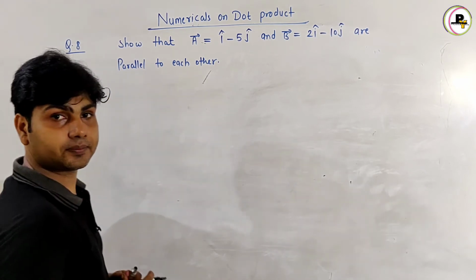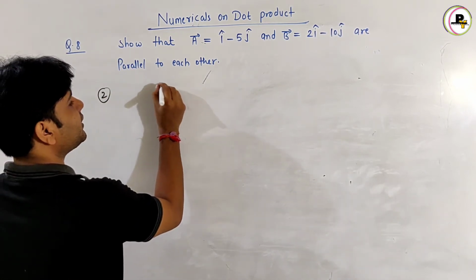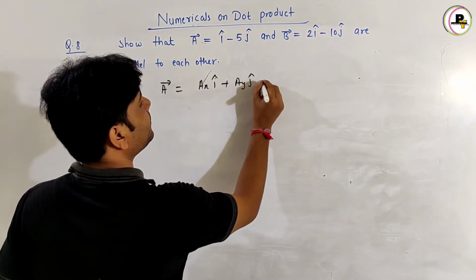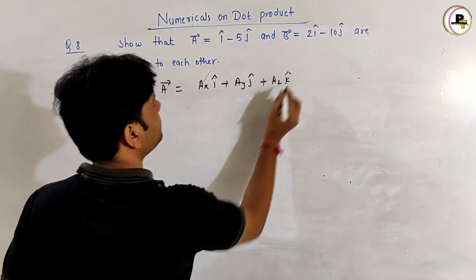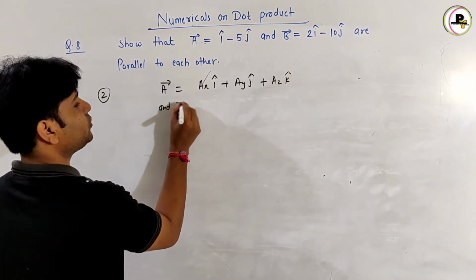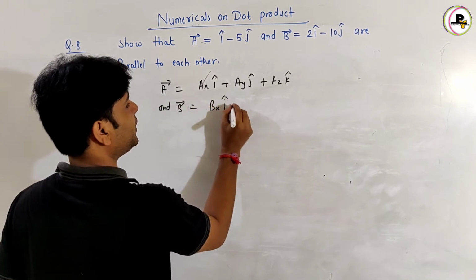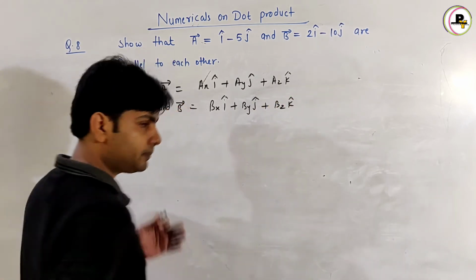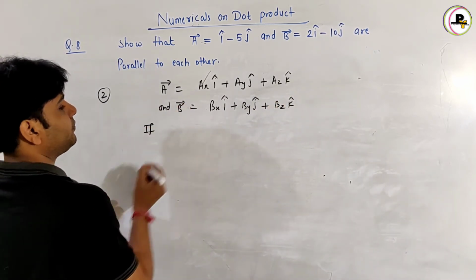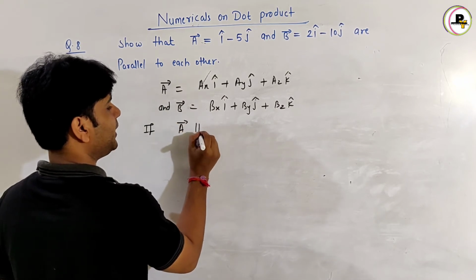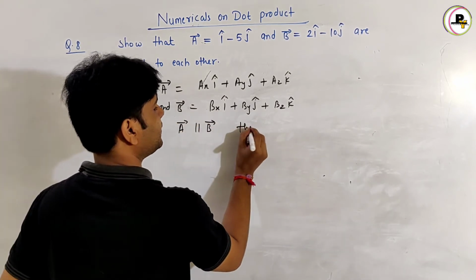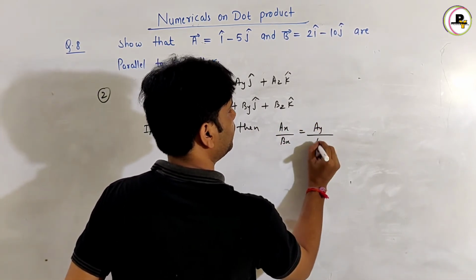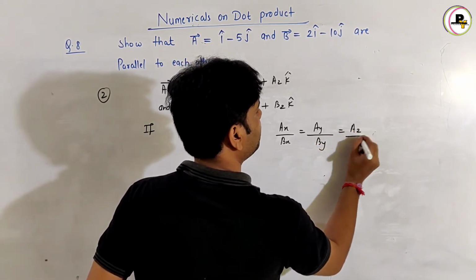In second method, if a vector is given as ax i cap plus ay j cap plus az k cap, and b vector equals bx i cap plus by j cap plus bz k cap, and if vector a is parallel to vector b, then ax upon bx is equal to ay upon by is equal to az upon bz.